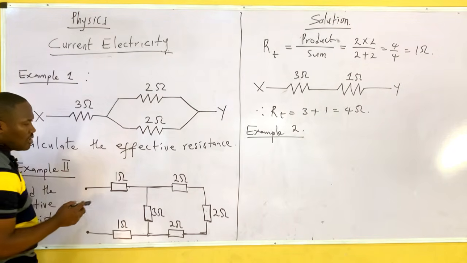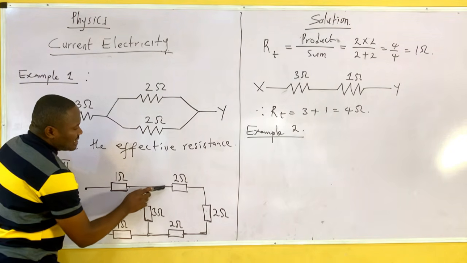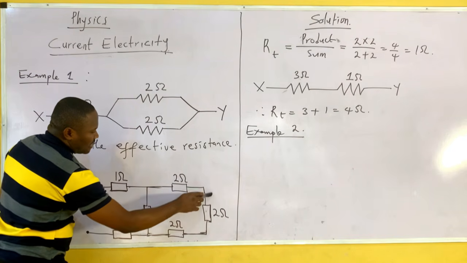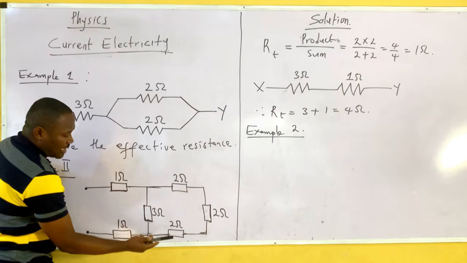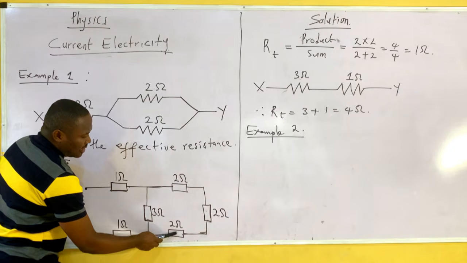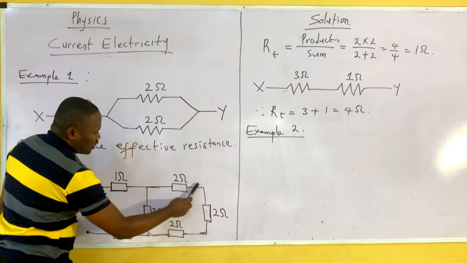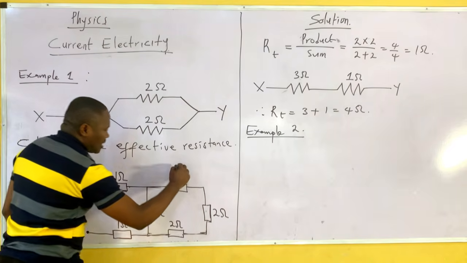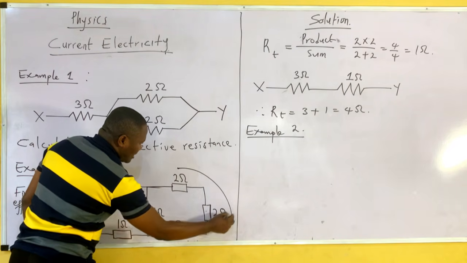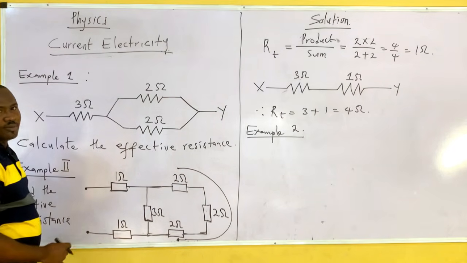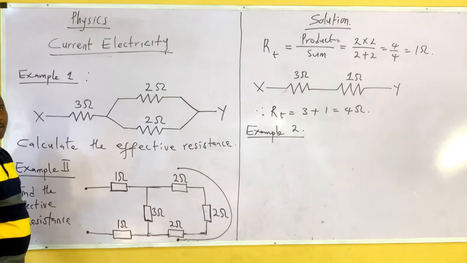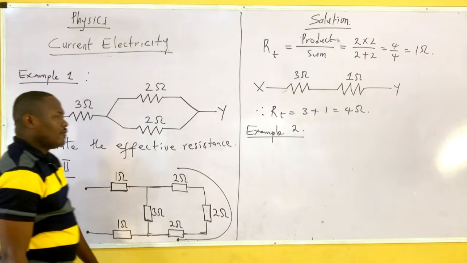Now you know that any current that enters here will definitely come here, will definitely come here. Just like any current that enters here will come here and will come here. So I can boldly say that from here down to here are in series.